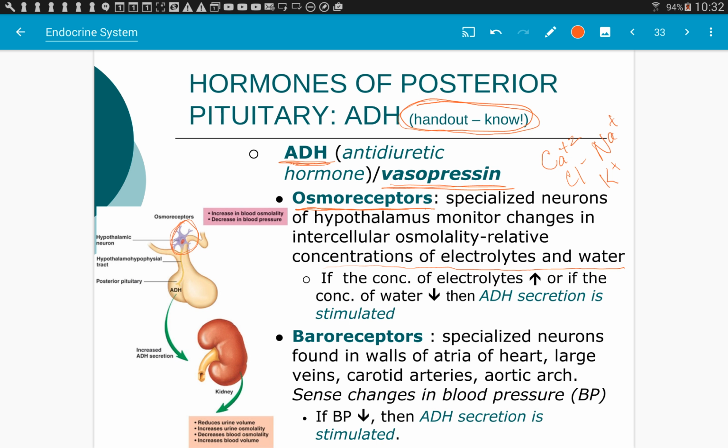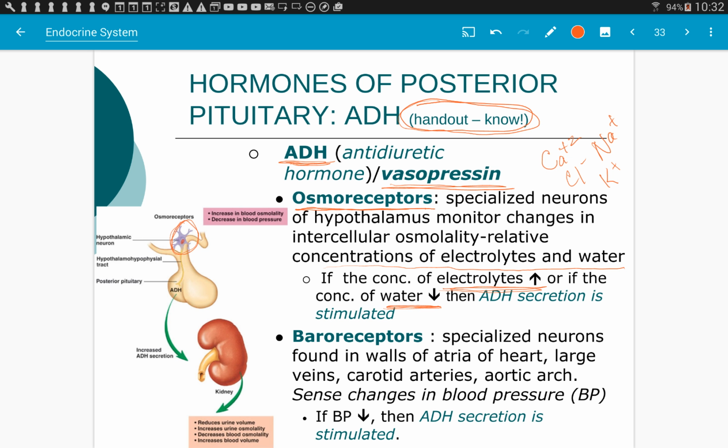So, if the concentration of electrolytes is too high, so the concentration is really big, or if the concentration of water is too low. If you don't have enough water, that's artificially going to increase the concentration of your solutes, right? Because the solutes are in the blood, and if you take some water out of the blood, the solutes are still there.